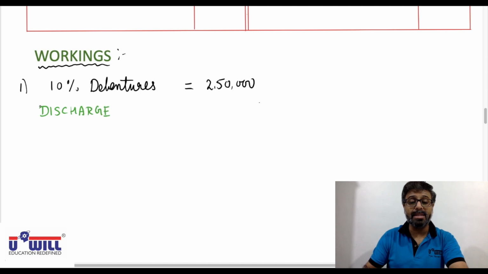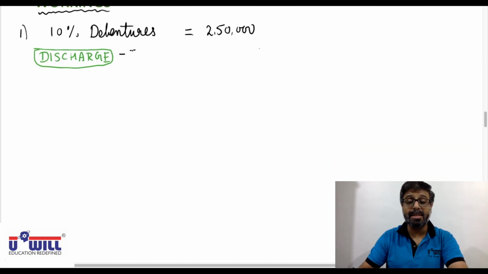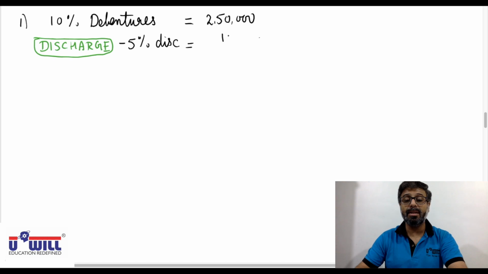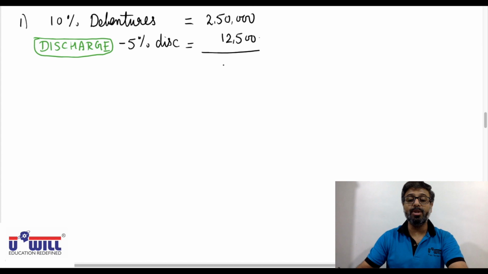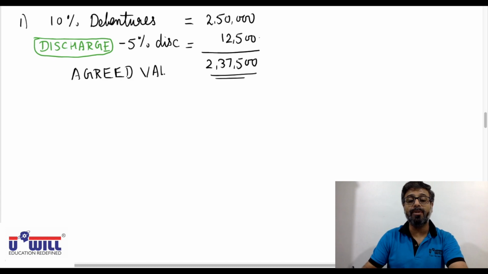We had done this in the previous question also. Discharged at 5% discount means we will minus 5% discount. 2,50,000 into 5% is 12,500. If you subtract that, 2,37,500 is the agreed value of debentures. That is the agreed value of debentures.